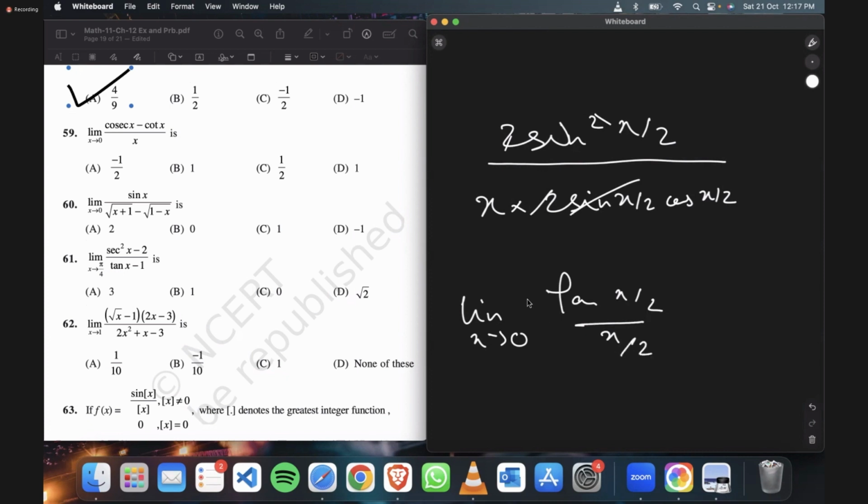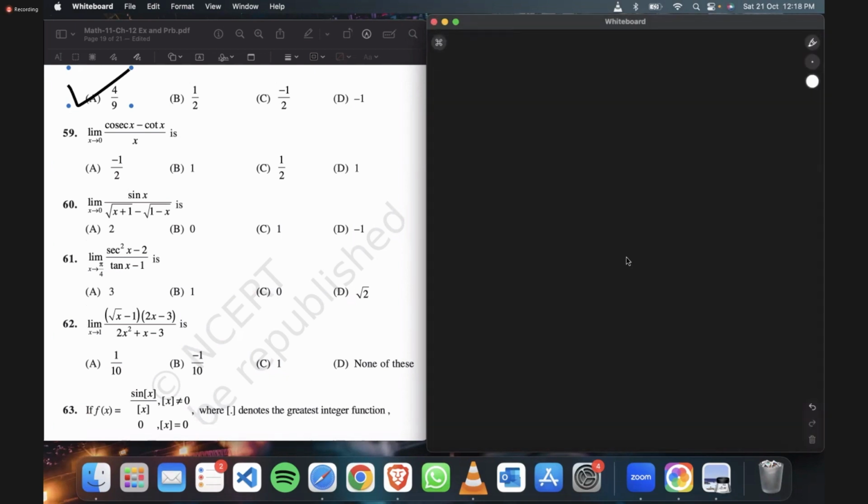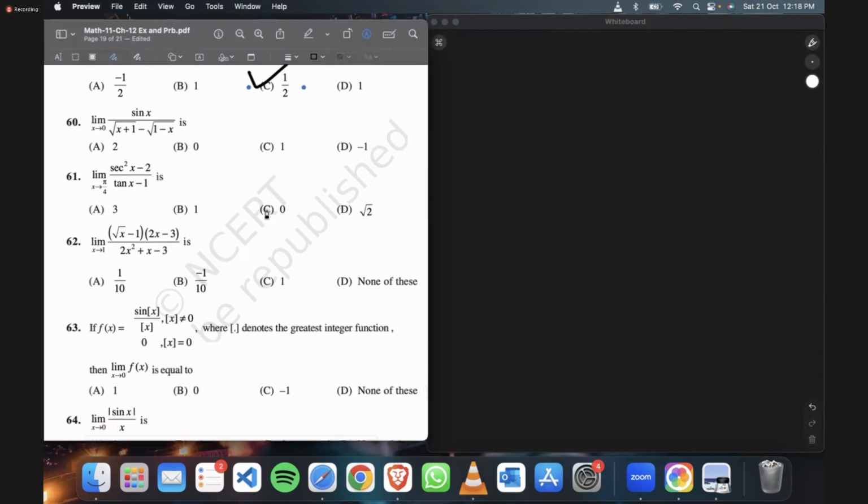Multiply and divide by a 2. I'll be putting a 2 here, so I'll have to put a 2 over here. This part is getting equated to 1. So 1 by 2. This one.